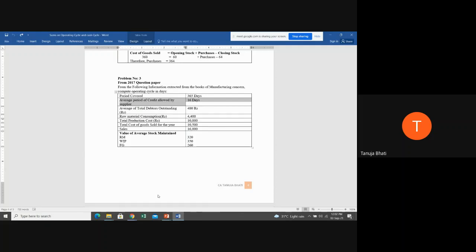Would it stand for the inventory conversion period or the debtors conversion period? Debtors conversion period. Very good. So first you have to identify whether some information in the formula is already given in the problem, then solve accordingly. Is this clear, students?